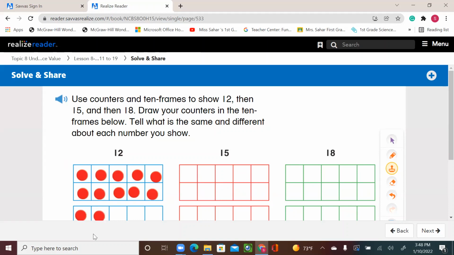Then I'm gonna add them to the second 10 frame. Let's go for number 15. I'm gonna fill the first 10 frame with my 10 counters, and I'm gonna put the rest, yes, 5, the first row.